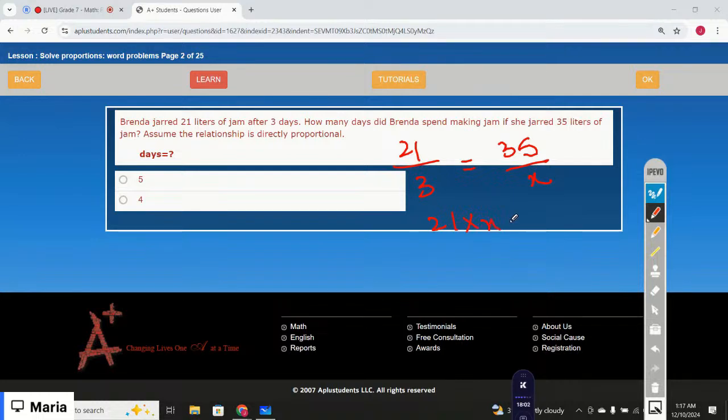So you have to do 21 times x equals 35 times 3. So x equals 35 times 3 divided by 21. 3 times 1 is 3 and 3 times 7 is 21. 7 times 1 is 7 and 7 times 5 is 35. So that is x equals 5. Option number 1 is the correct option. Got it?